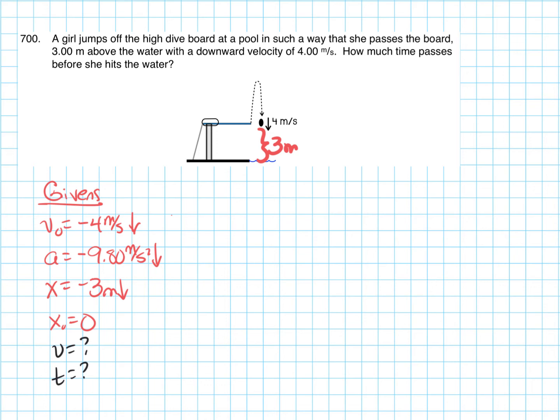I could use my variables up here to find the velocity, and then use the answer for the final velocity to find the time. So I'm going to do that instead. It's 2 steps, but it's still easy to do. All right, so here we go. I'm looking at my numbers up here, looking for velocity without time. That means that I'm going to use v squared equals v naught squared plus 2ax.